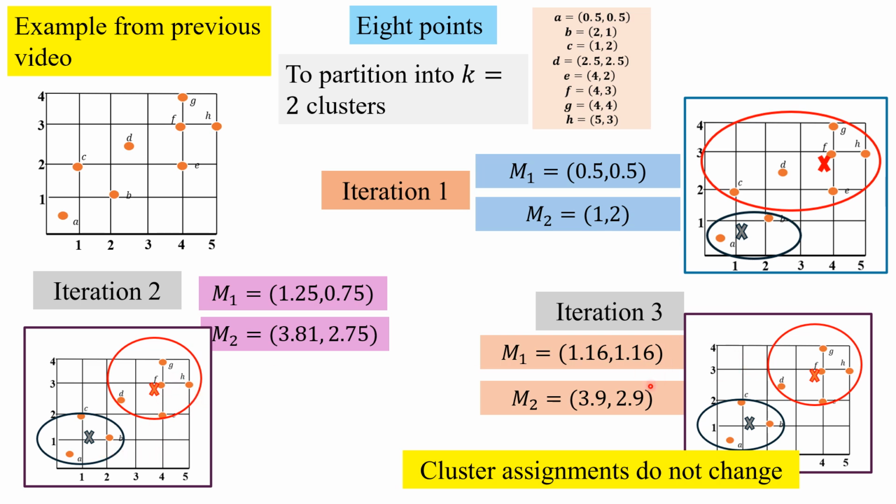We recompute the means and do the assignments and see what happens. There is no change. So this is the final clustering we get when we start from A and C, which is (0.5, 0.5) and (1, 2) as the initial cluster means.